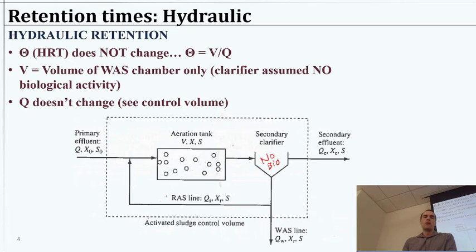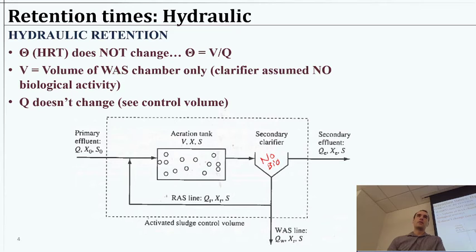Because if there's no biological activity there, then essentially it's not contributing to the reactor. The reactor is where S changes and X changes. So X and S are growing or depleting here, changing in some manner.